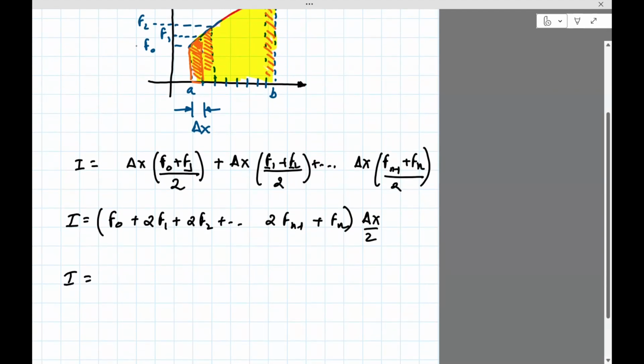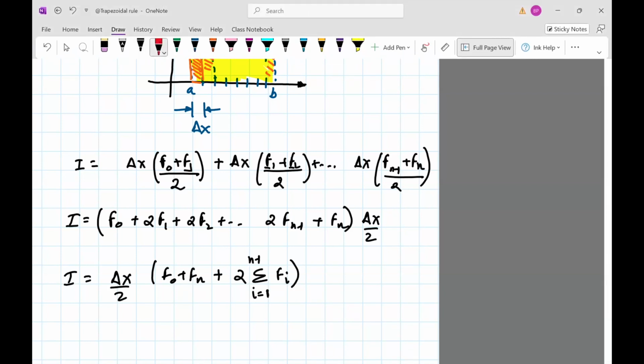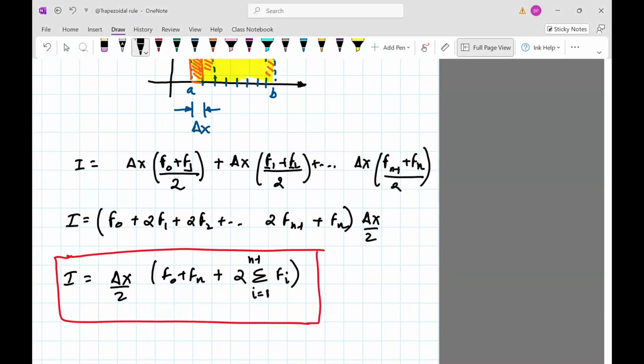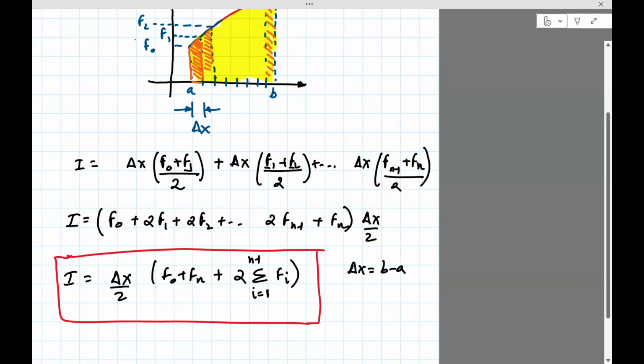A shorter way of writing this is I equals delta x divided by 2 times the sum, where we pull the last two terms out, plus twice the summation, with i going from 1 all the way to n minus 1. Okay, that's the formula. And the other thing is delta x is b minus a divided by n.